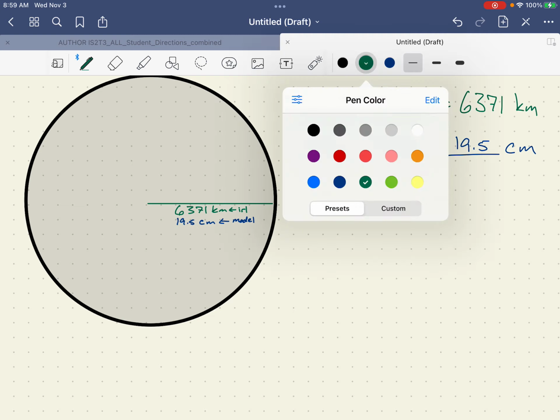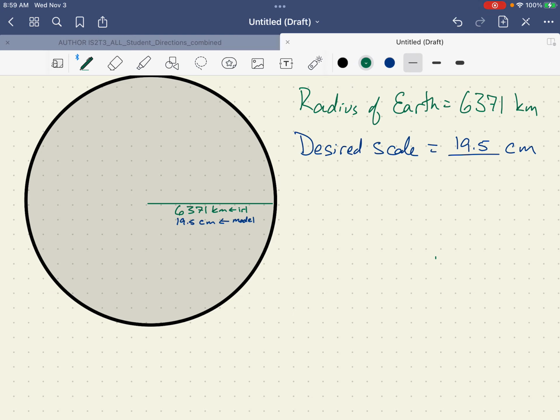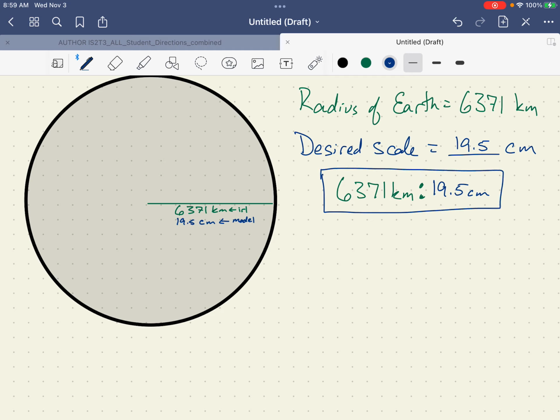And then this is how I create my scale. I literally will just take the radius of the Earth and set that equal to, or say that that is being represented by my drawing. And this then becomes my ratio that I can use to calculate.